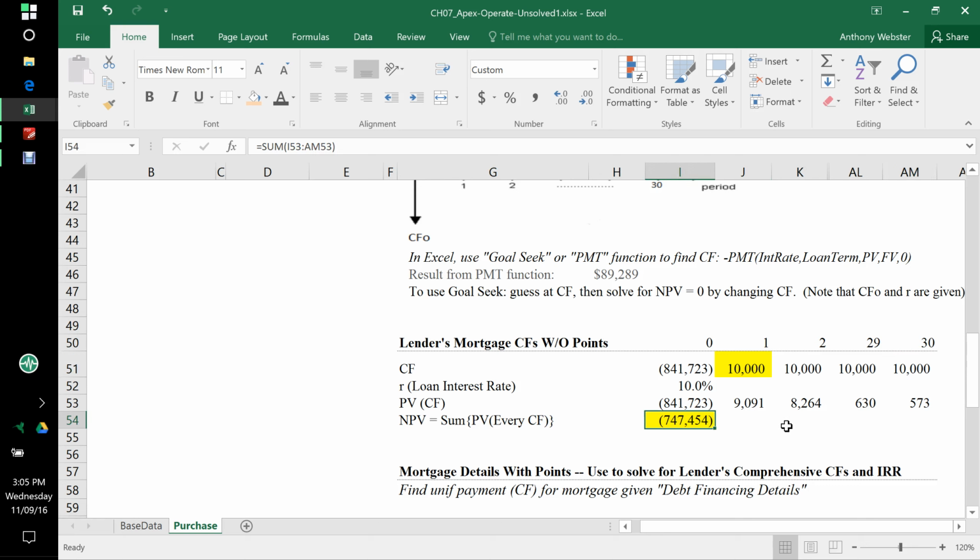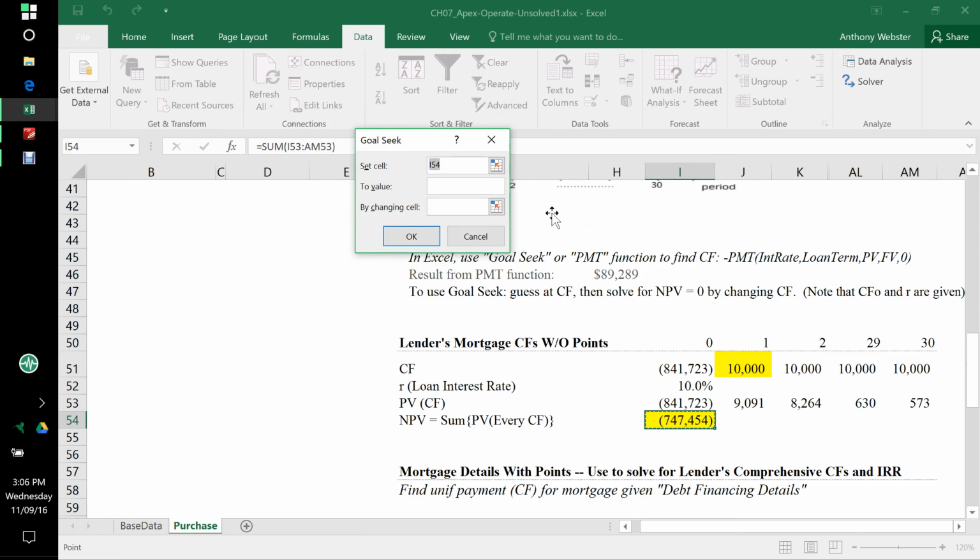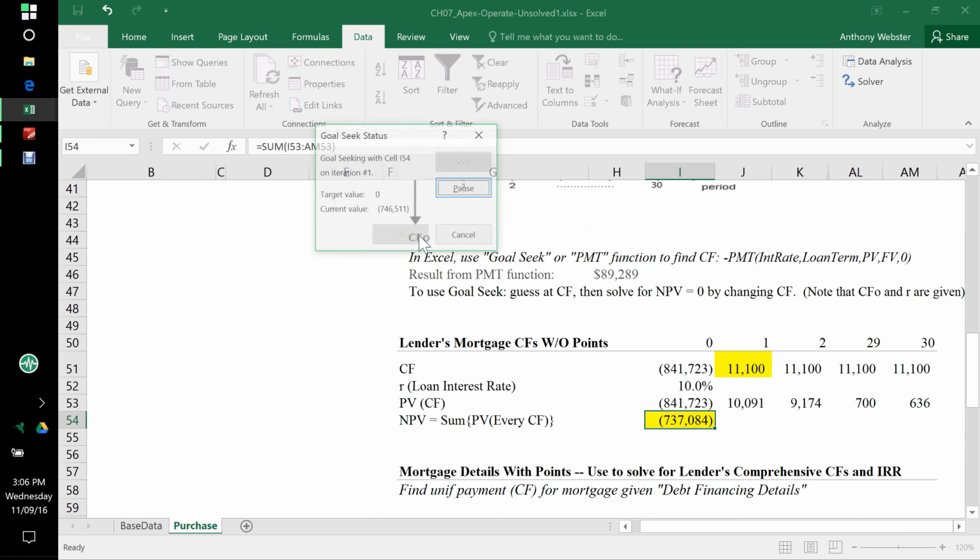All right, so this is pretty good. So let's see if we can find this uniform payment. So I'm going to say data, what if analysis, goal seek, and I'm going to say set that NPV to 0 by changing cell uniform payment. In lieu of a sacrificial mentee, we get GoalSeek to do this for us.